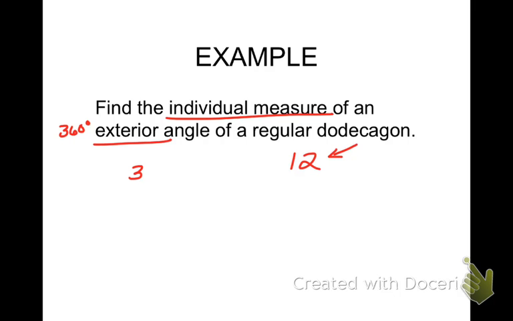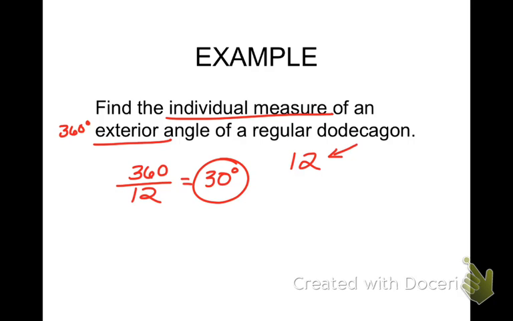So I'm going to do 360 divided by 12, which gets us, what, 30? So we've got 30 sides. Or not 30 sides, what am I talking about? 30 degrees.